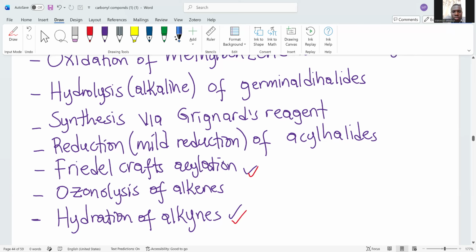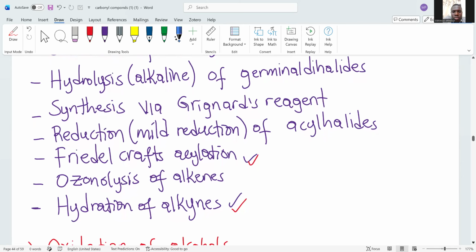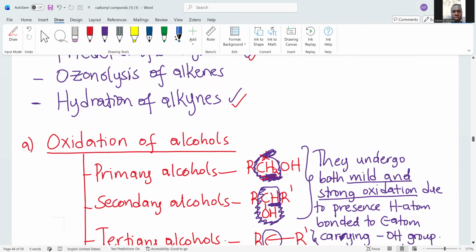What are we on? Preparative techniques. I think I had covered most of them. Reduction of acyl halides was covered. Oxidation was covered, hydrolysis was covered. Friedel-Crafts acylation was covered.